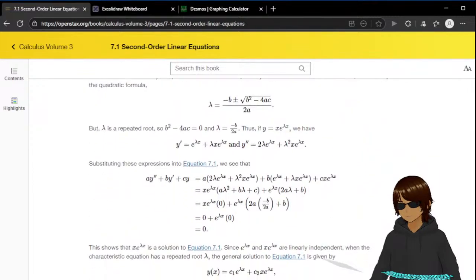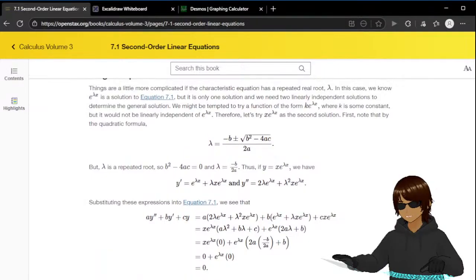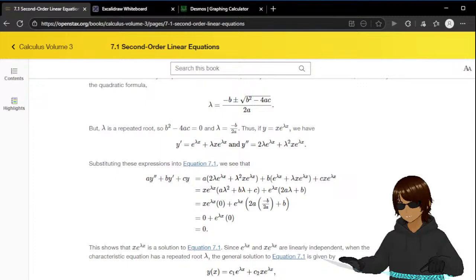Okay. First, note that by the quadratic formula, we have this. Then we have the derivative of y. If this, we have this, and the double derivative is this.